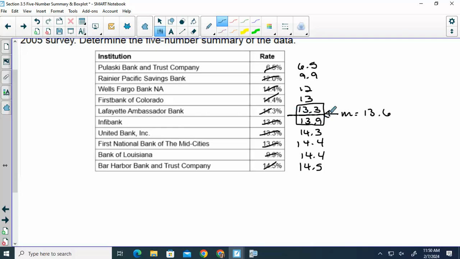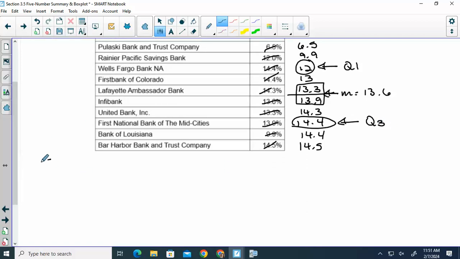If that's the middle, quartile 1 is the middle of the bottom half, so there are 5 points below, and the middle of those would be my quartile 1. And then the upper half, you get there. So that's my 5-number summary.